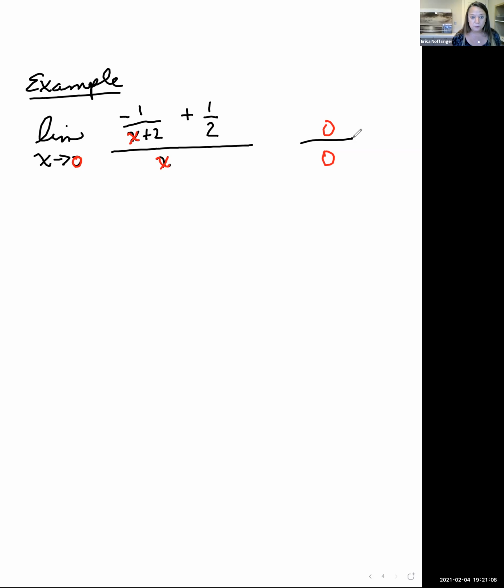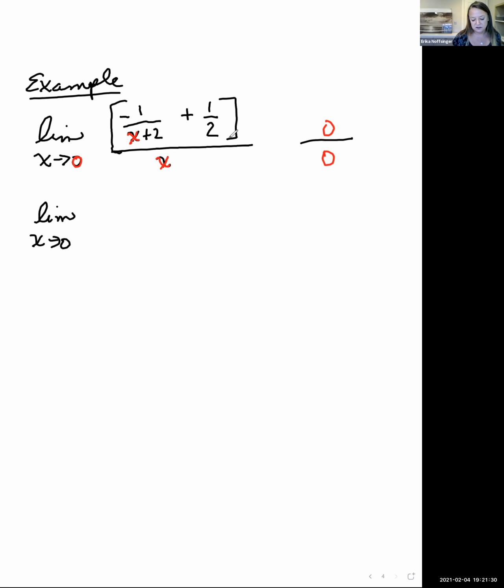So if you have complex fractions, fractions within fractions, and you get this indeterminate form, try to get rid of the complex fractions. Recall there are two different ways to do that. One way is order of operations: you'd combine the numerator as one fraction.